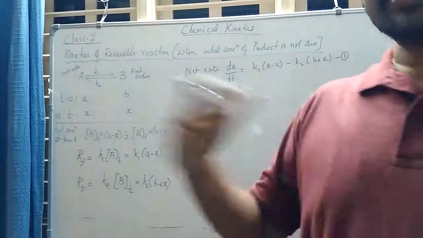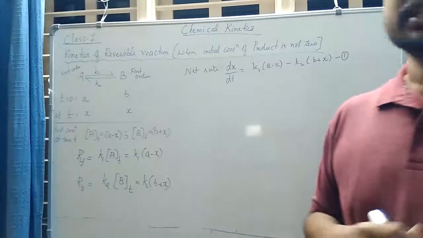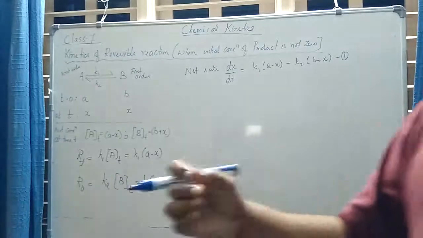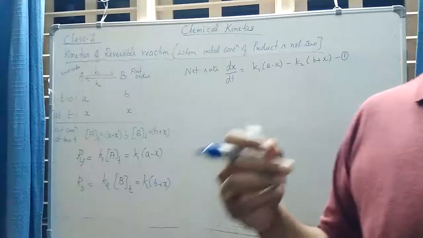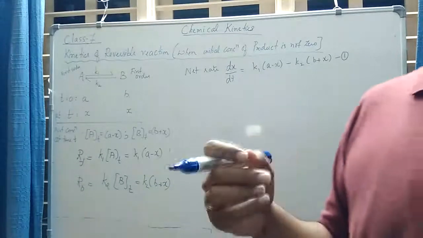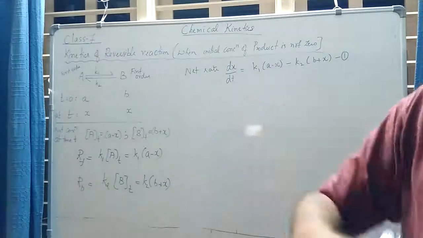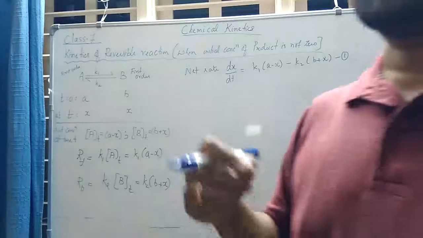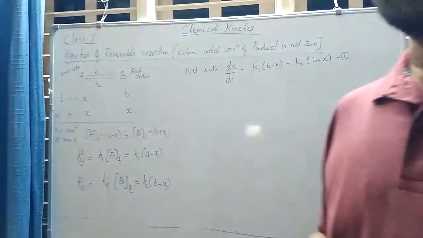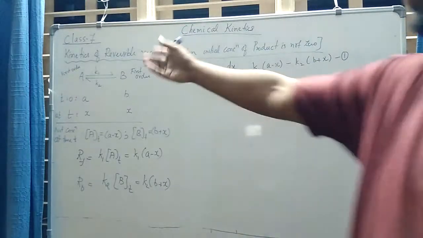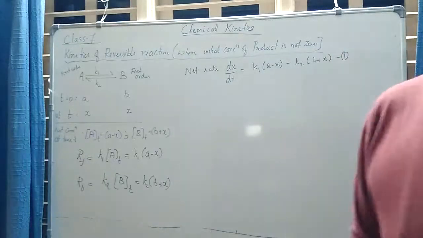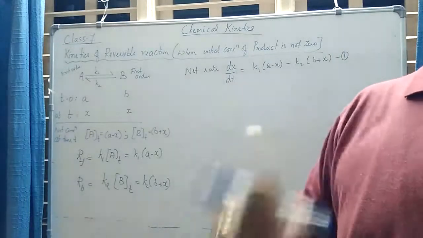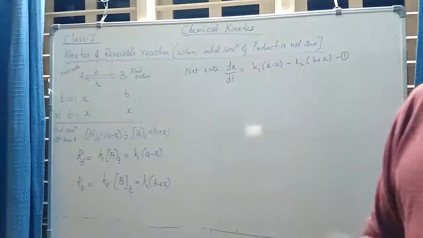And what is the fate of any reversible reaction? Any reversible reaction reaches the state of equilibrium, where the rate of forward reaction is equal to the rate of backward reaction, or the net rate of such a reaction becomes 0. So this reversible reaction, after a certain amount of time t, reaches the state of equilibrium, where the net rate of the reaction becomes equal to 0.